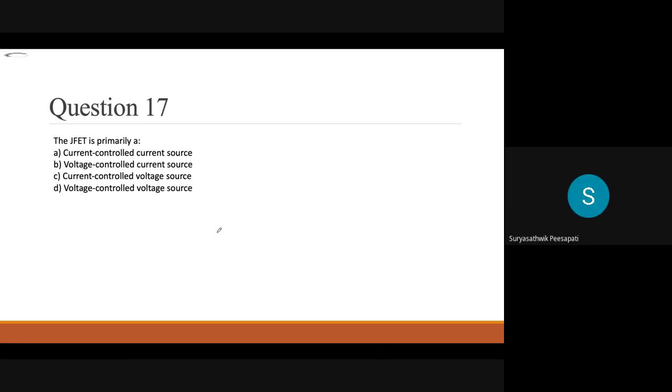Ma'am, voltage controlled current source. Yes, option B is the right option. The JFET is primarily a voltage controlled current source.